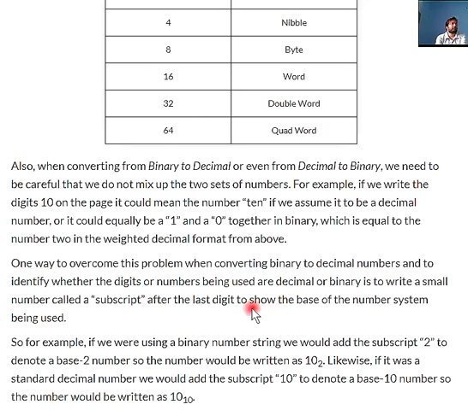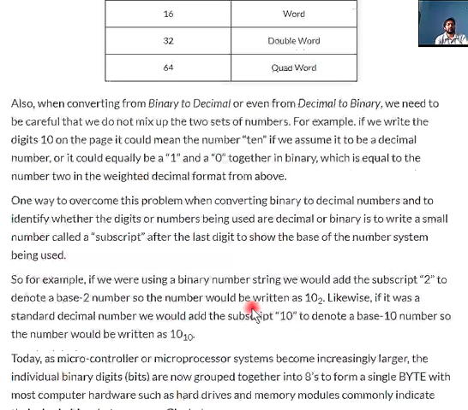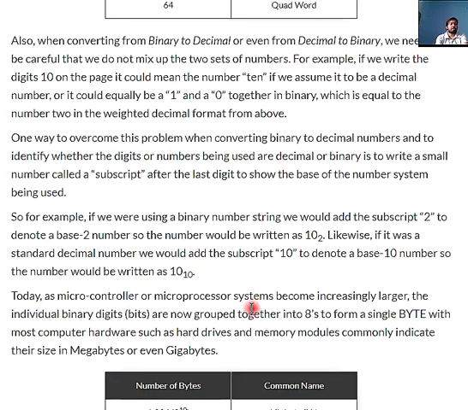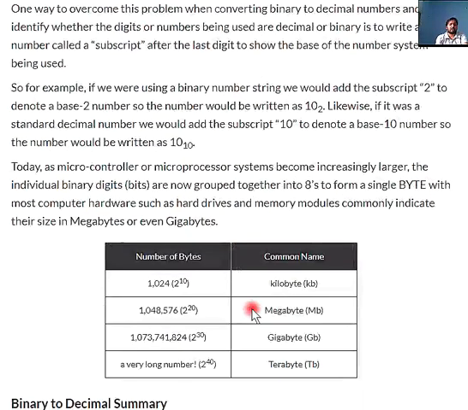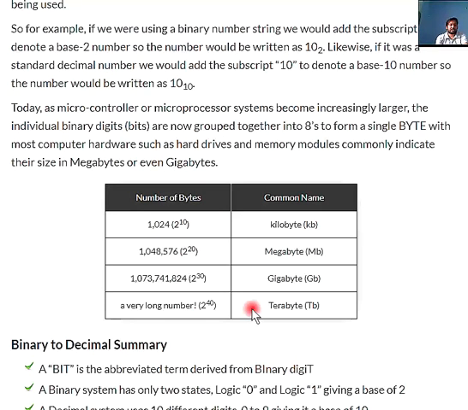These are the prefix numbers. We also discuss the byte system, that is, memory management in our computer system. 1024 is 2 to the power 10 in KB: kilobyte, megabyte, gigabyte, and terabyte.